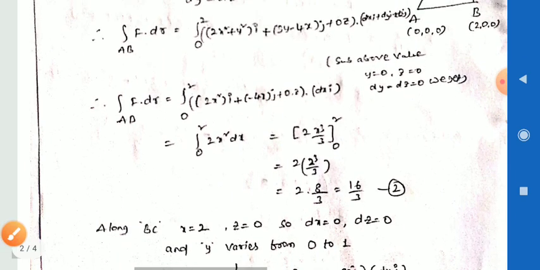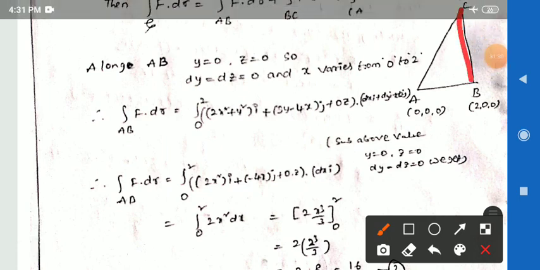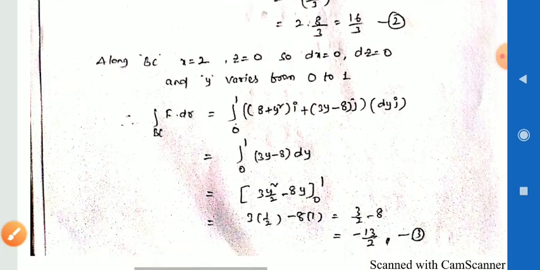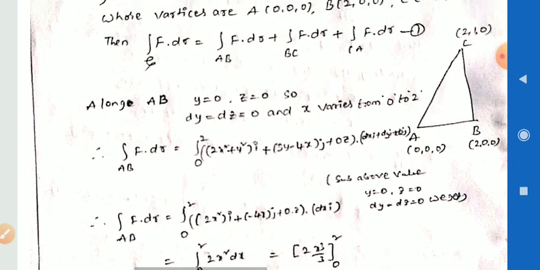Similarly, I am taking BC, following the same procedure. Along BC, x is equal to 2. Here x value is fixed. In coordinate B, x value is 2, and in coordinate C, x value is 2.